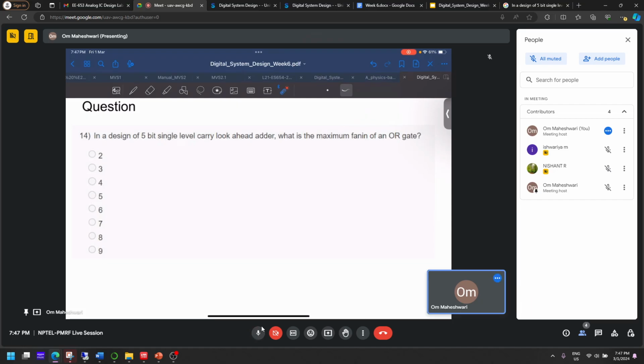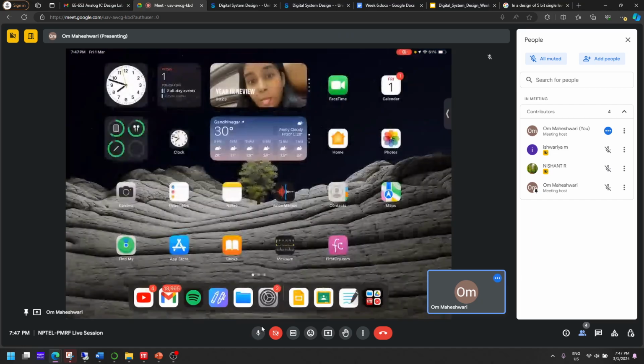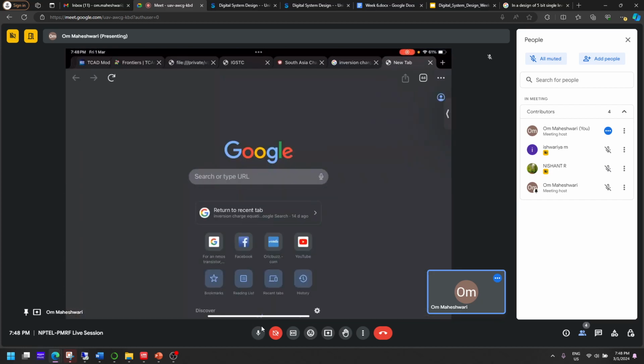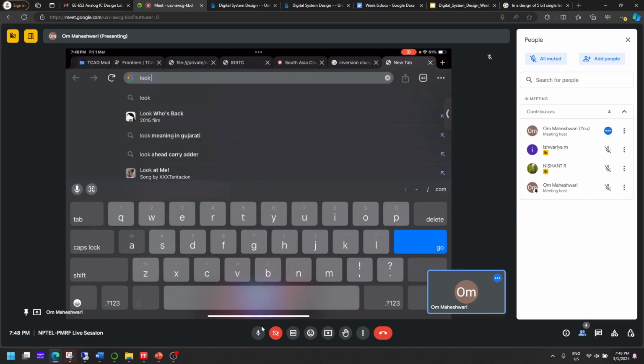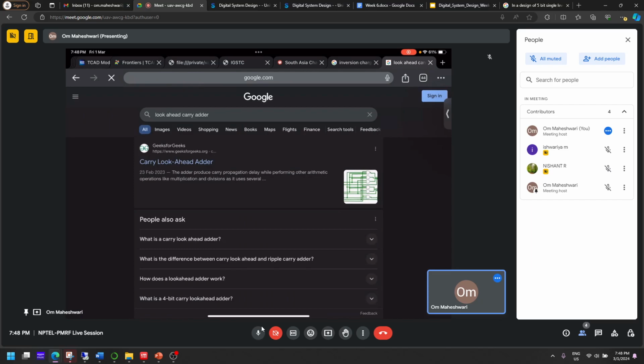So what you can do is let us understand it with the diagram itself. If I search for look ahead carry adder, right?